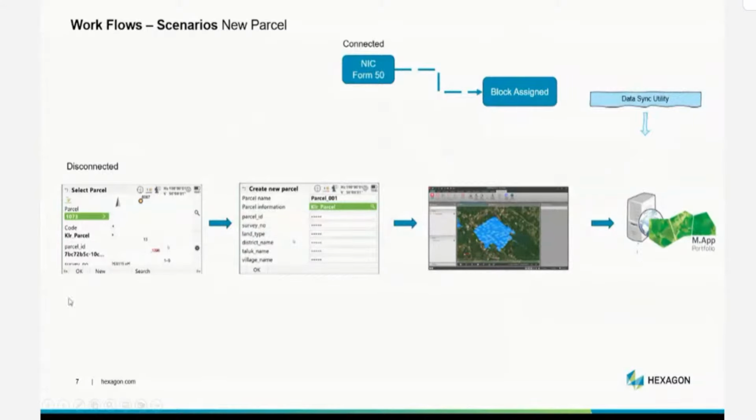But if at all you are completely disconnected out of internet and you are not able to connect to Ente Bhumi, then what happens is, first you will search for the parcel number that you want. If you don't find that parcel number in the data that is there, then you will click on new. Okay. When you click on new, it will create a new parcel.